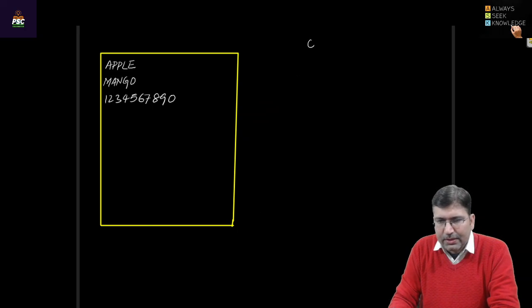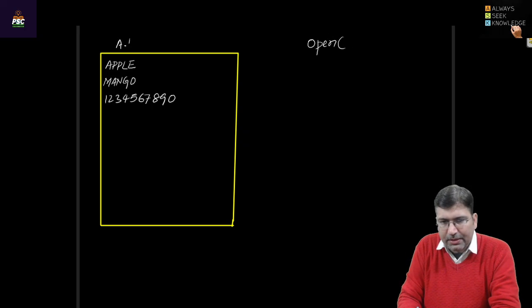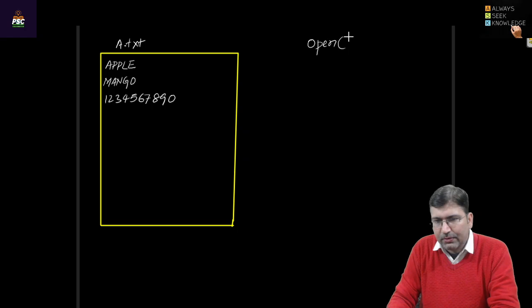So when you use, let's say, open system call and you pass this file as, let's say, a.txt file. So if you pass this a.txt in this open system call and you open this file in, let's say, read only mode, O_RDONLY.